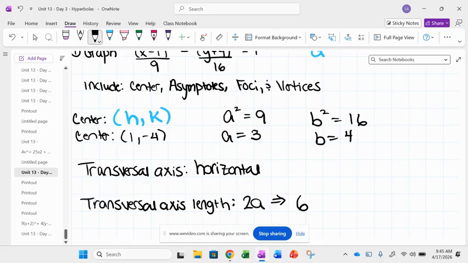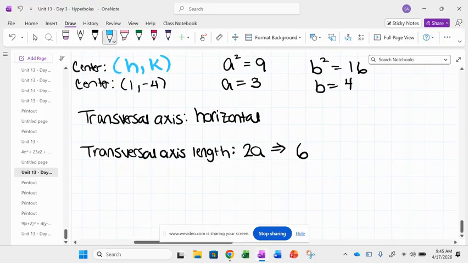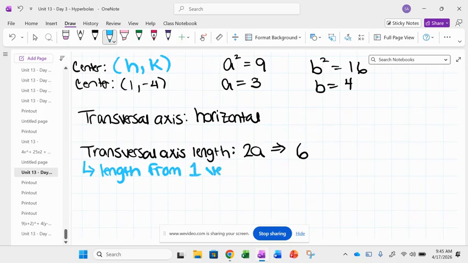Does anybody remember what this represents, the 6 units? Okay, so the transversal axis length is going to represent the length from one vertex to the other. So one vertex to the other vertex is going to be 6 units.